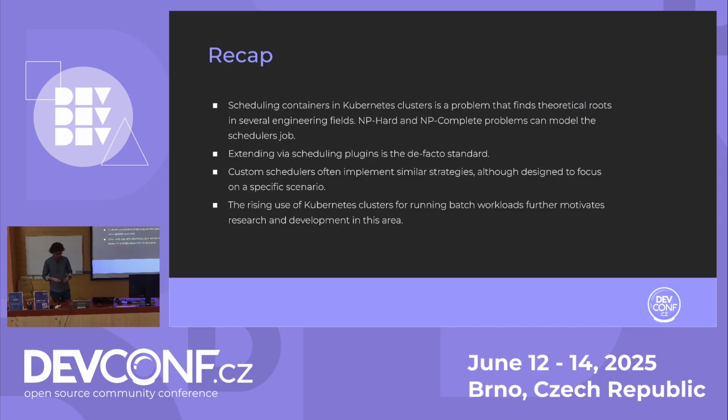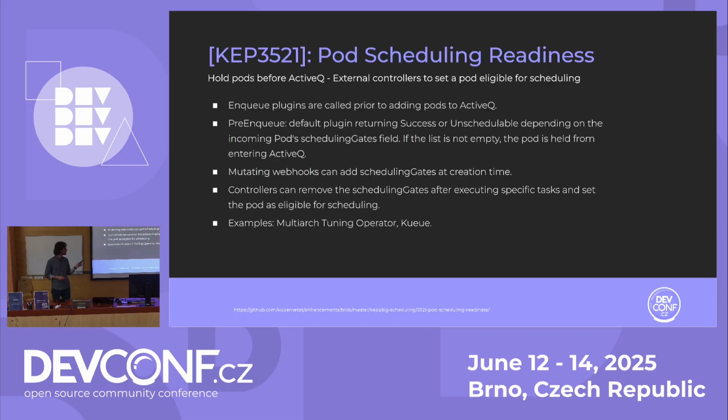And that's why a few years ago, this Kubernetes enhancement proposal was merged and implemented, in order to provide a new way, not to build a new scheduler, but rather to find a way to hold pods before they enter the queue that the Kubernetes scheduler consumes for assigning them a node.